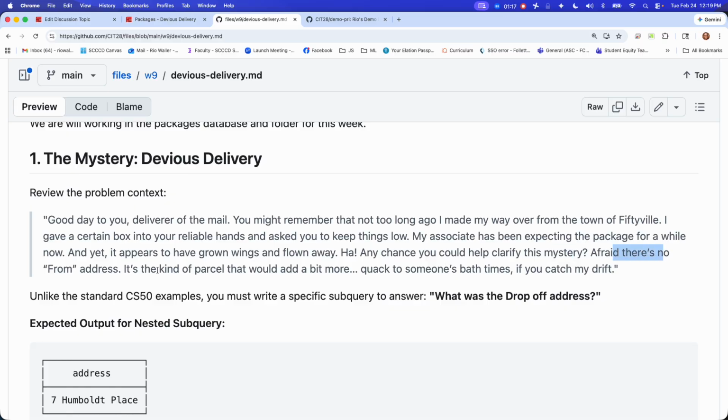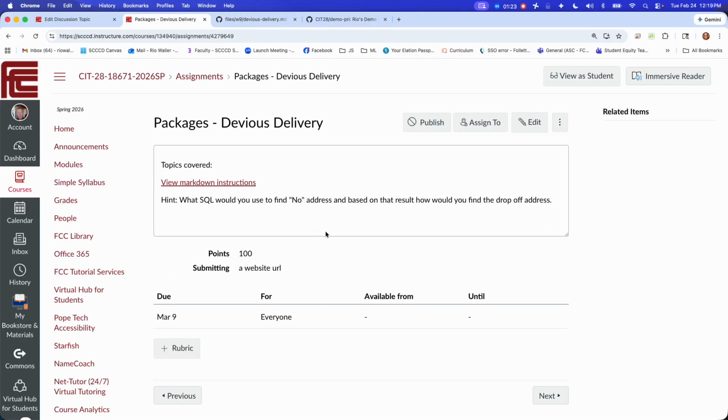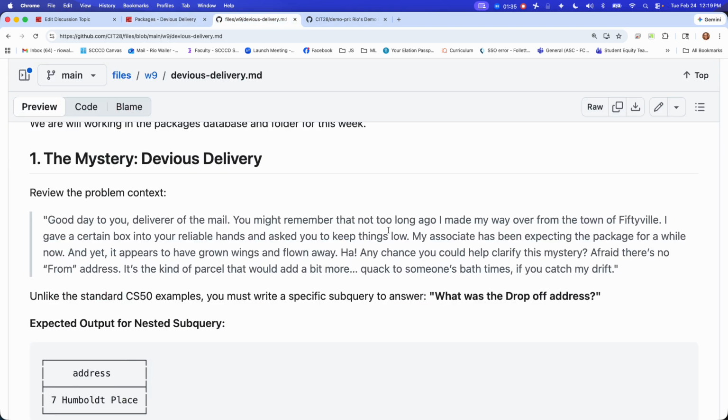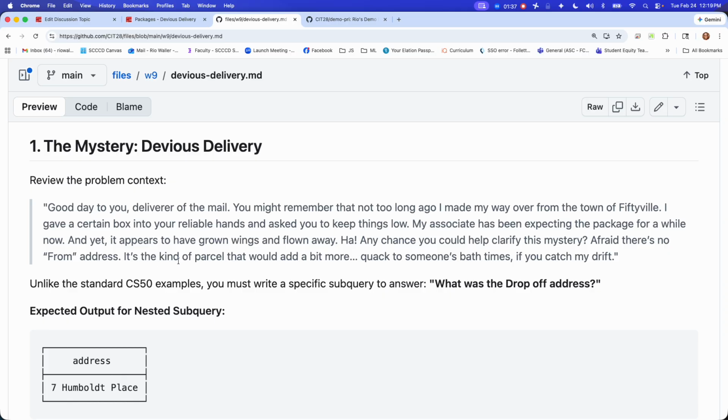There appears to be no from address. Key statement. Matter of fact, on the hint I actually gave you, what SQL would you use? This is a way to help you get understanding and get started: what SQL if you have no address? It also gives you a little hint here too.